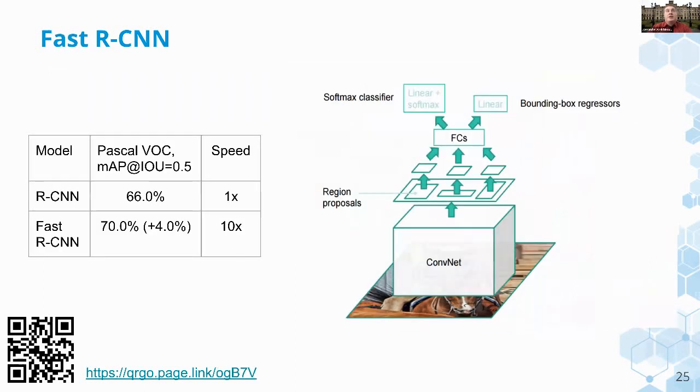And later in 2015, the faster version of R-CNN was introduced to the public. It is called Fast R-CNN.